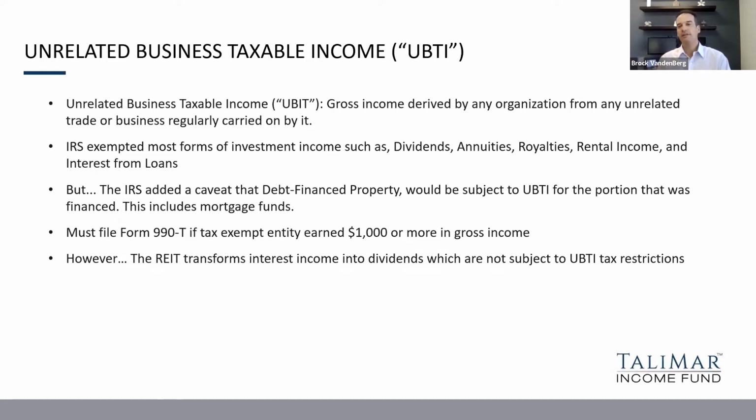Now, for most people that are investing in trust deeds or in a mortgage fund, this really doesn't apply, other than the fact that if you use leverage, it'll be considered a taxable event from the leverage that you used.